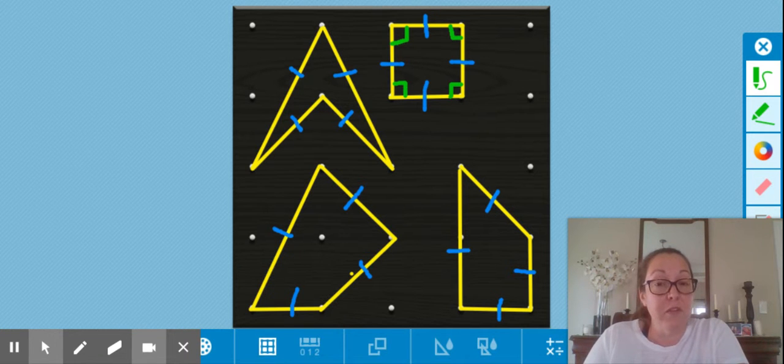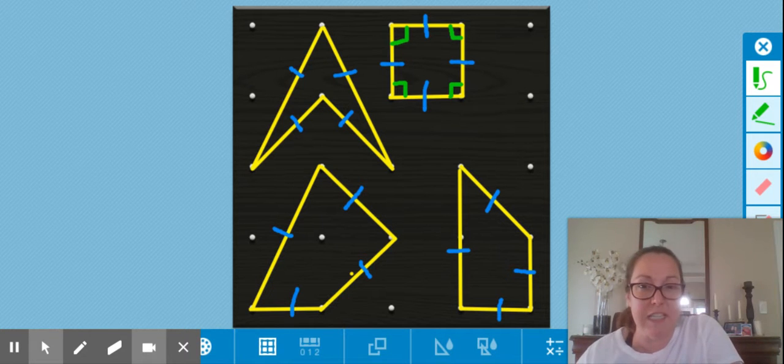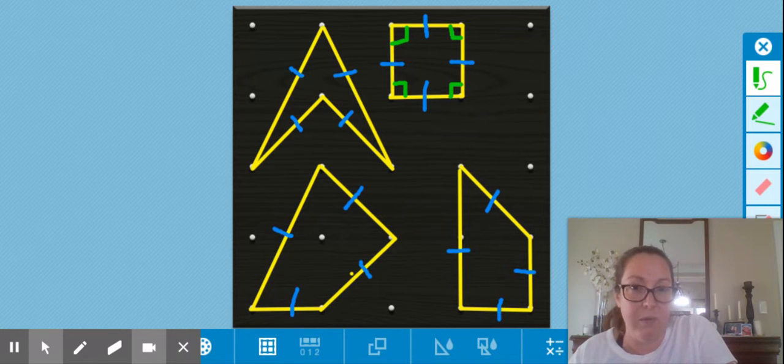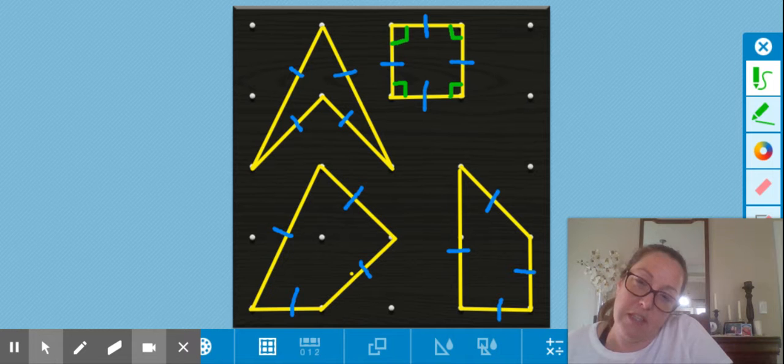All right, this one over here, we know it has 4 sides. It's going to have 4 angles. But if you look, none of them are, well, actually, that's not true. This angle here is odd because it's on the outside, isn't it? So you have this angle here, and that is not big enough to be a right angle.